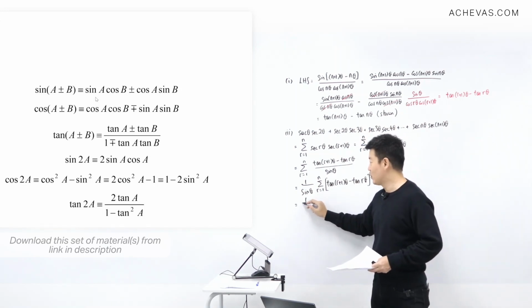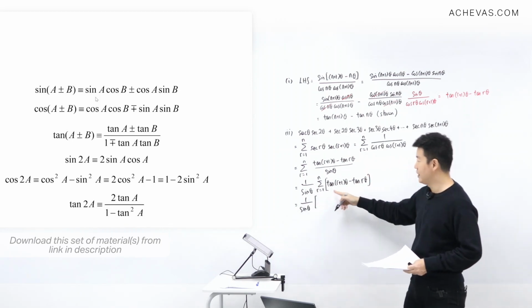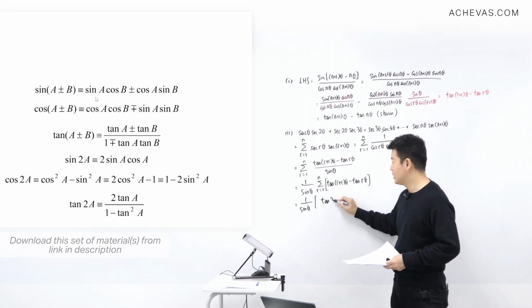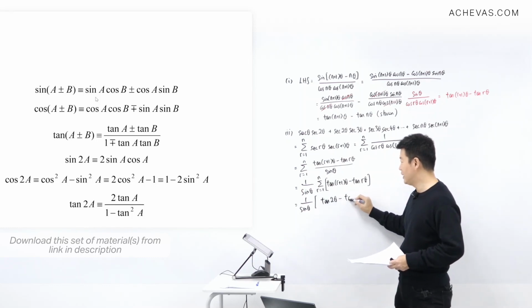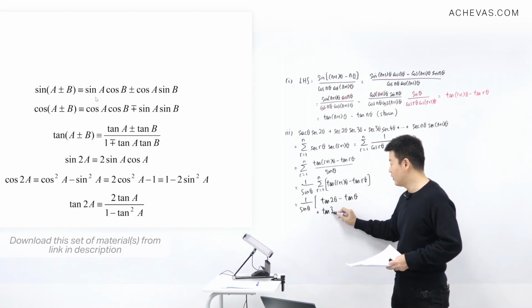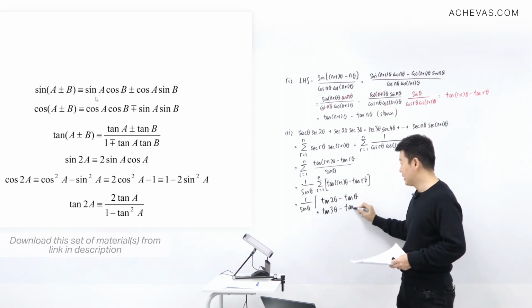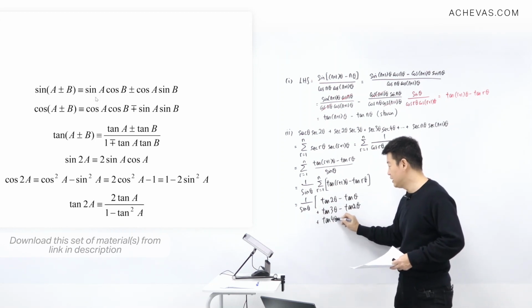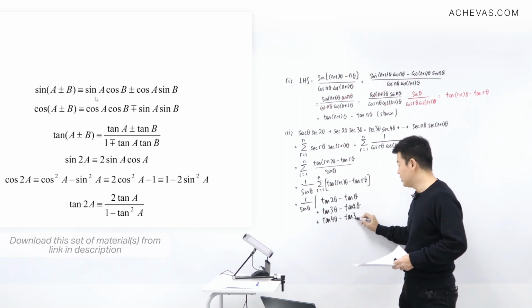So this is going to be 1 over sine theta multiplied by, when r is equal to 1, we have tangent 2 theta minus tangent 1 times theta. Then after that we have tangent 3 theta minus tangent 2 theta, and then tangent 4 theta minus tangent 3 theta.